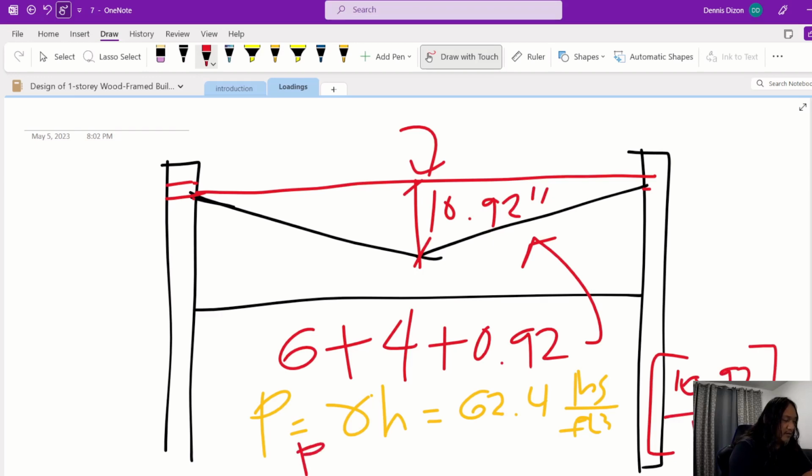Therefore, our water pressure at the deepest level, at the center of your building, is 10.92 divided by 12 times 62.4. So the water pressure is 56.78.